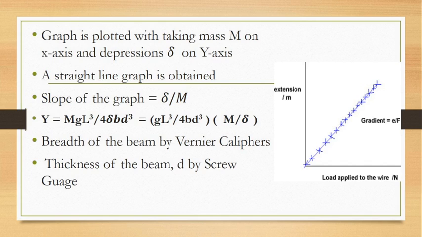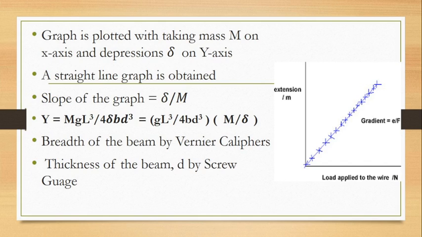And you can see as we plot these values, we will get a straight line. So a straight line graph is obtained while plotting mass along x-axis and depression along y-axis. Now what will be the slope of the graph? Slope is y by x, isn't it? So delta divided by m.